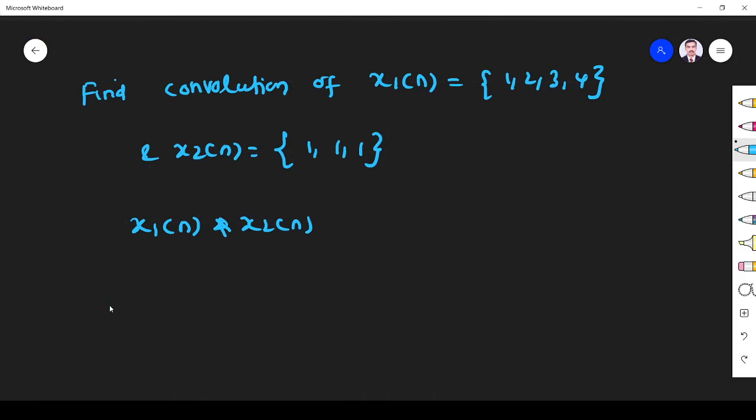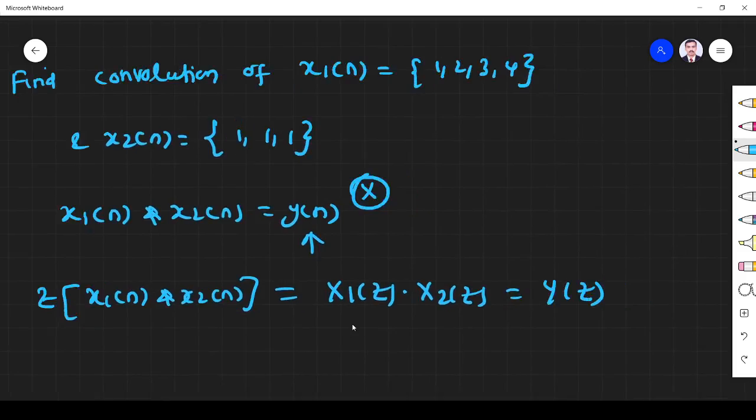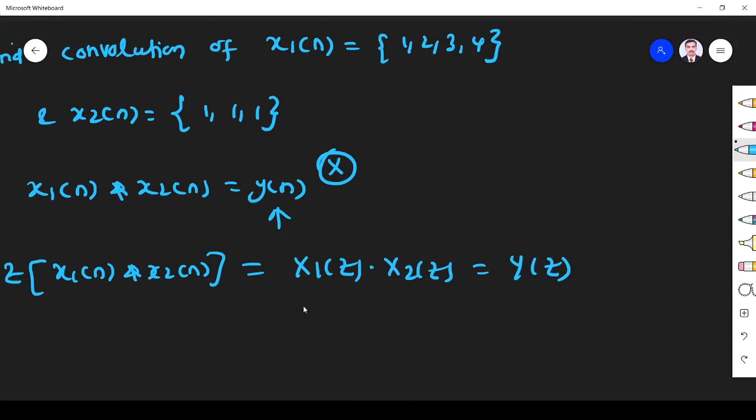So I find x1 of n star x2 of n, that is equal to x1 of z multiplied by x2 of z. I consider this y of n, so that is equal to y of z. But what I want is y of n. Please remember, this is a very important point. First I take x1 of z.